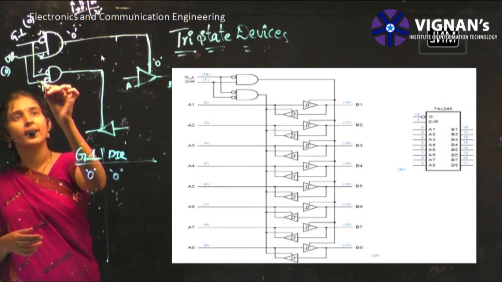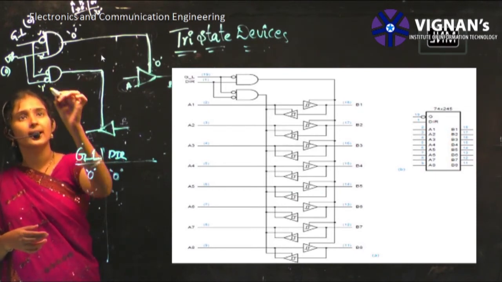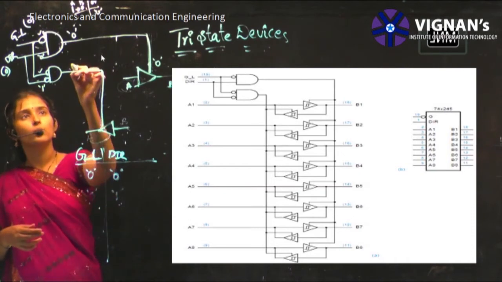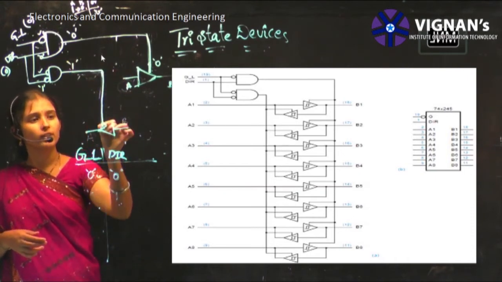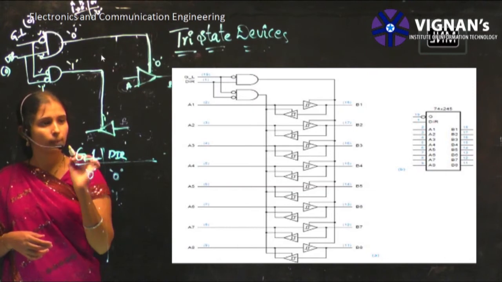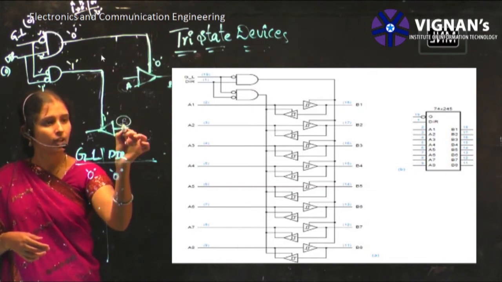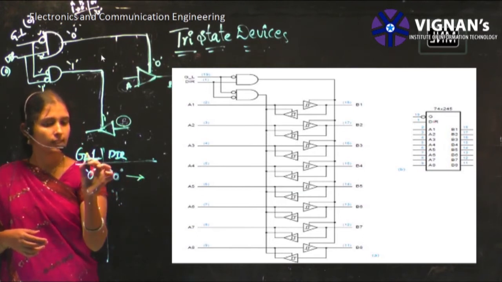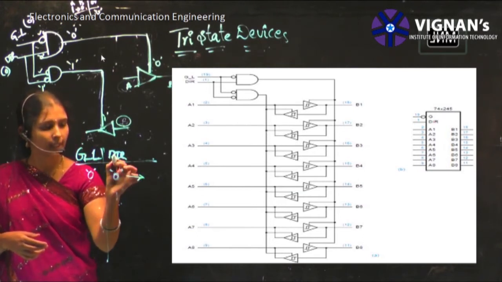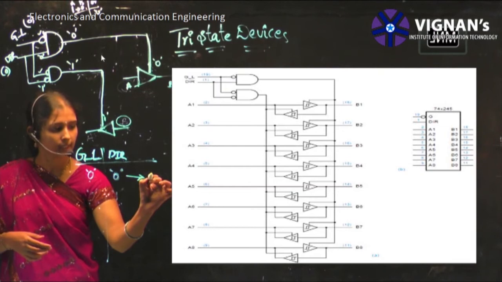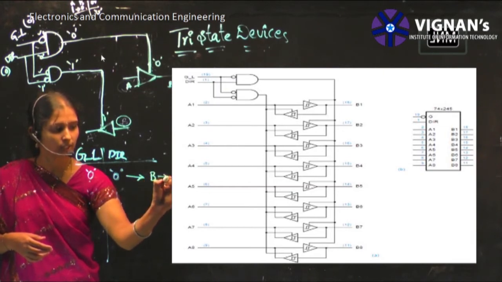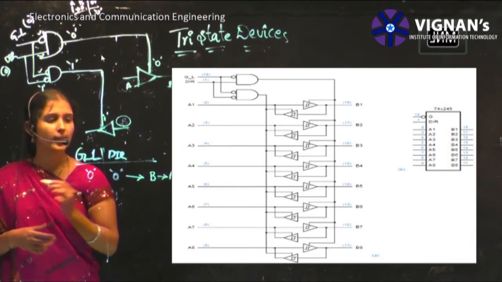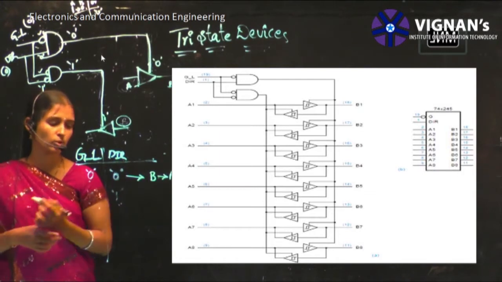So 1 and 1 are given to the AND gate, and the AND gate output will be 1. That 1 will be provided here as enable, so the data transfer from B to A takes place. So when G of L is 0 and DIR is 0, it indicates that data is transferred from bus B to bus A.